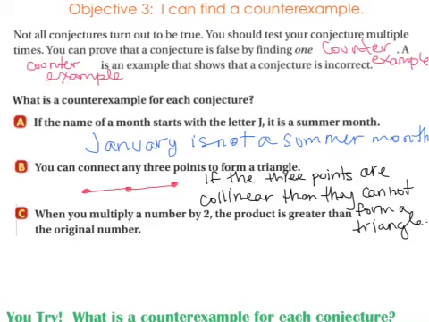So if my number is -1 and I multiply that by 2, then I get -2. And -2 is not greater than -1, the original. So here's my counterexample, and I'm not going to write this one out in words. I'm just going to show my example as my counterexample.